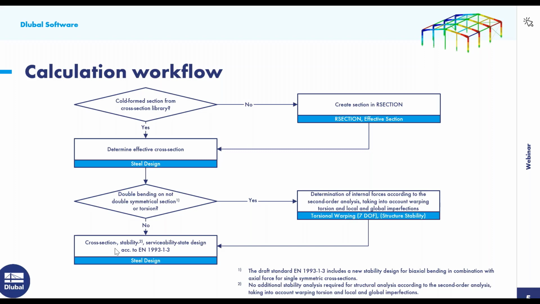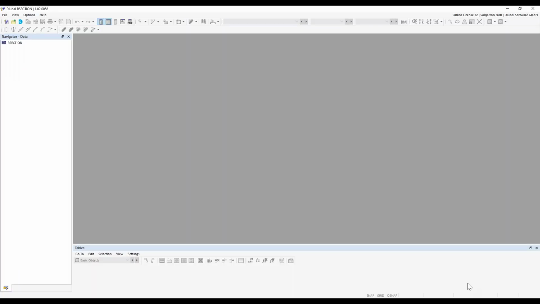The cold-formed omega cross-section that I want to use as an upright is not included in the RFEM cross-section library. I therefore create this cross-section in RSECTION. For this, I open the program RSECTION first.